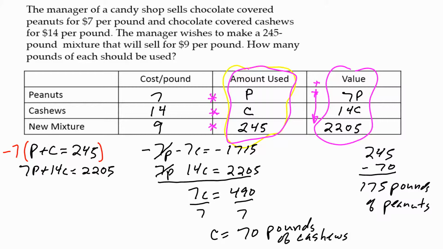So our answer includes both the cashews and the peanuts.